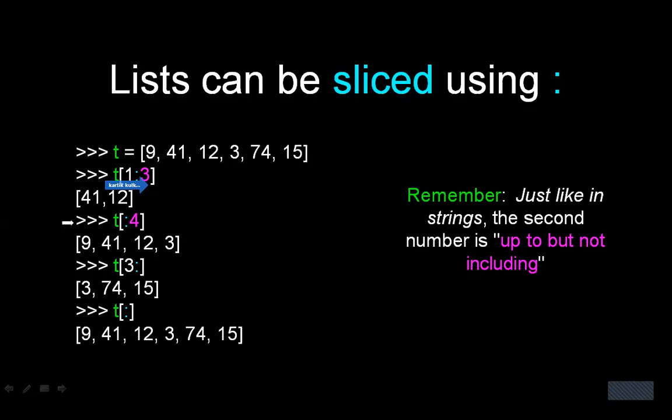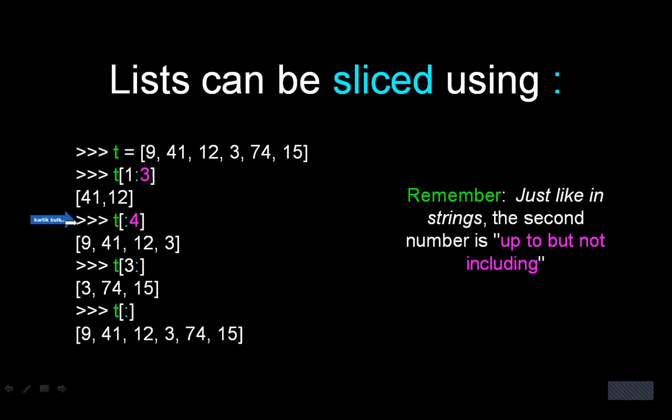Now you can notice here another example that I have specified. T is nothing but the list name. What is the difference between this statement and this statement? In this particular statement I have specified both the starting index number and the end index number.